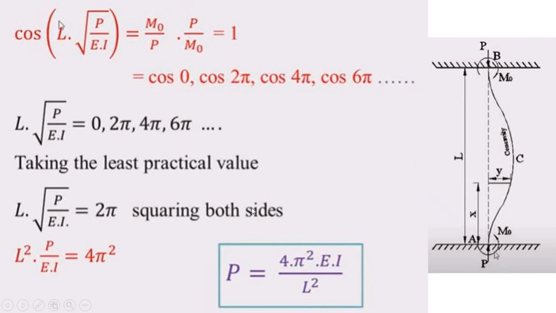Now squaring both sides, the equation changes to L square into P by EI equal to 4 pi square. Now rearranging the equation, you will get the expression for the crippling load P, that is P equal to 4 pi square EI divided by L square. So this is the final expression for crippling load if both the ends of the column are fixed.